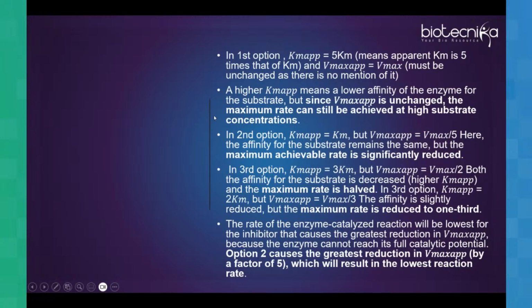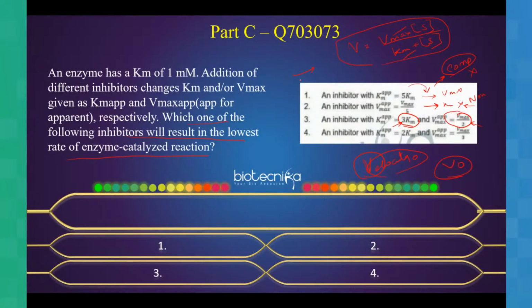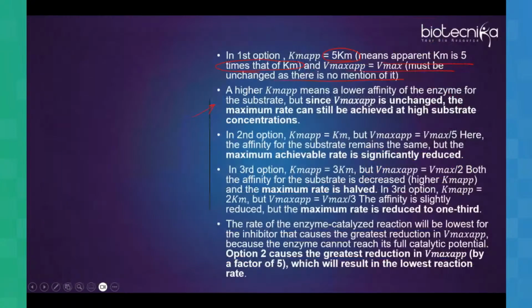Okay, so for the first option, Km app is equal to 5 Km, which means apparent Km is 5 times that of Km, and Vmax is unchanged, as there is no mention of it. Now what does a higher Km mean? Instead of going for the Michaelis-Menten equation, we can directly figure out a shortcut. Here Km is increasing a lot, and we know Km is inversely related to affinity.